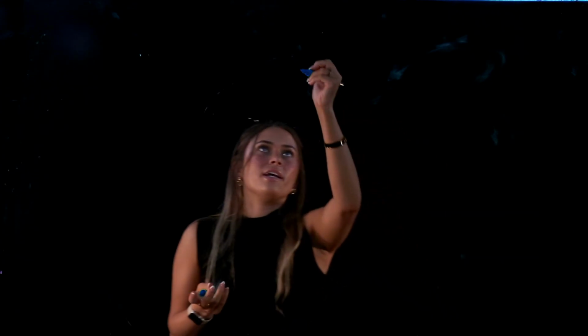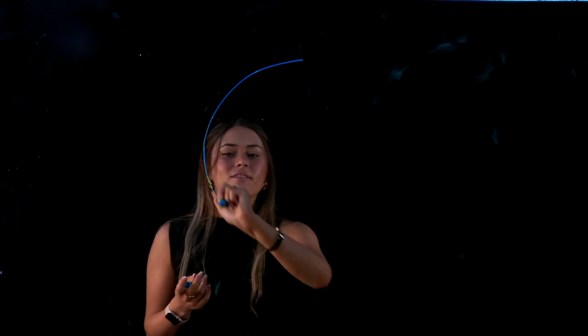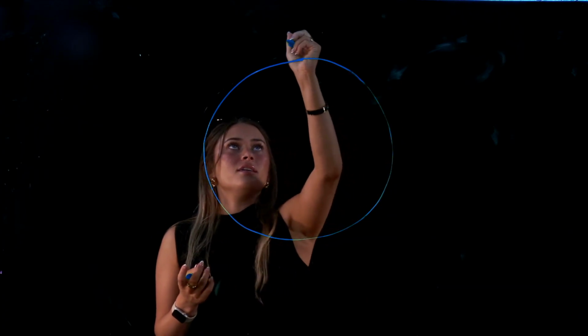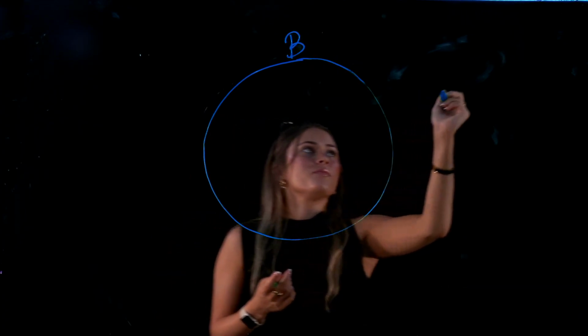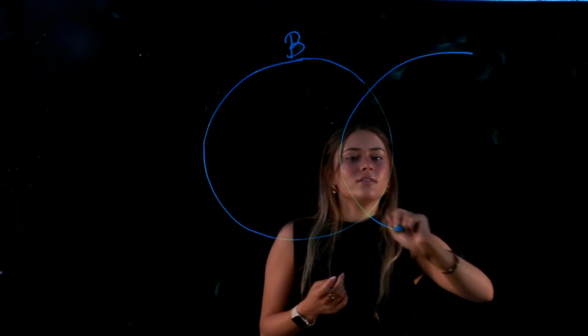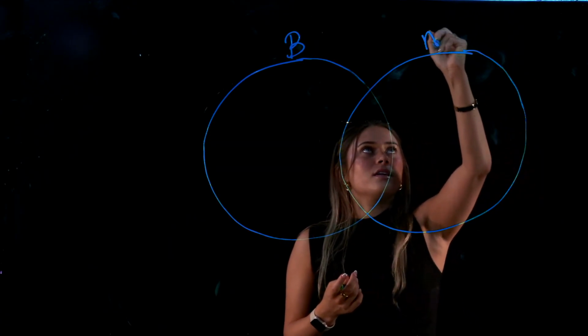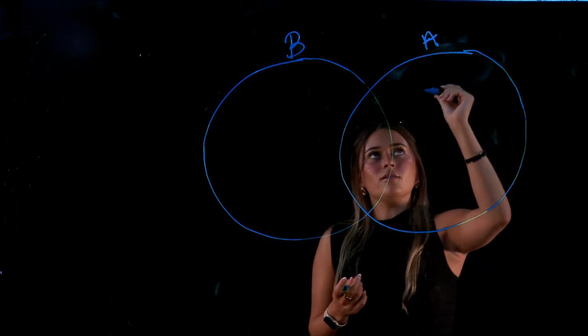So now we're going to draw a Venn diagram comparing the two, abiotic and biotic. So we have this circle, this will be our biotic. This circle is our abiotic. Okay.